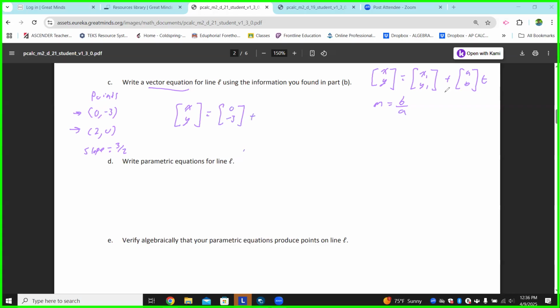plus, pull your information from your slope. My slope was 3 over 2. So that means my B is 3 and my A is 2. So when I relate it over here, this will now be 2, 3, and then t.